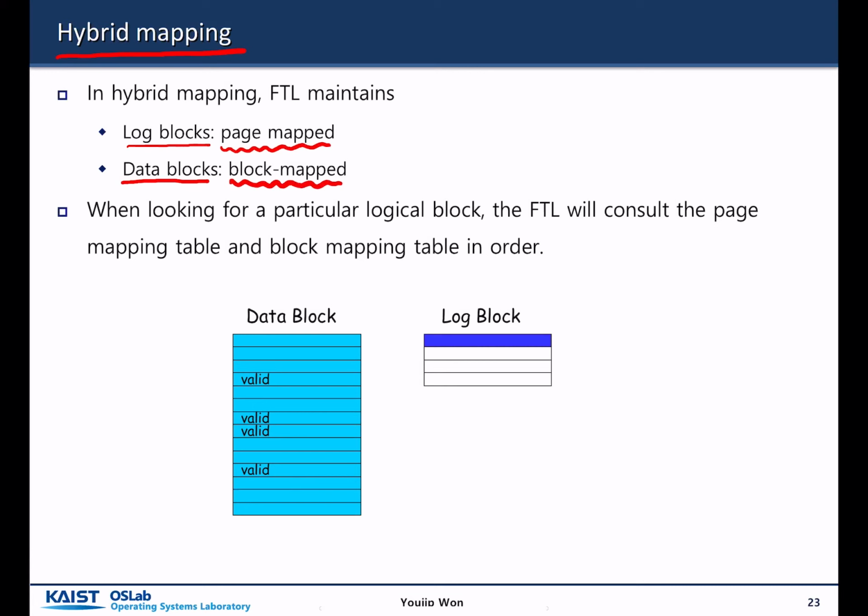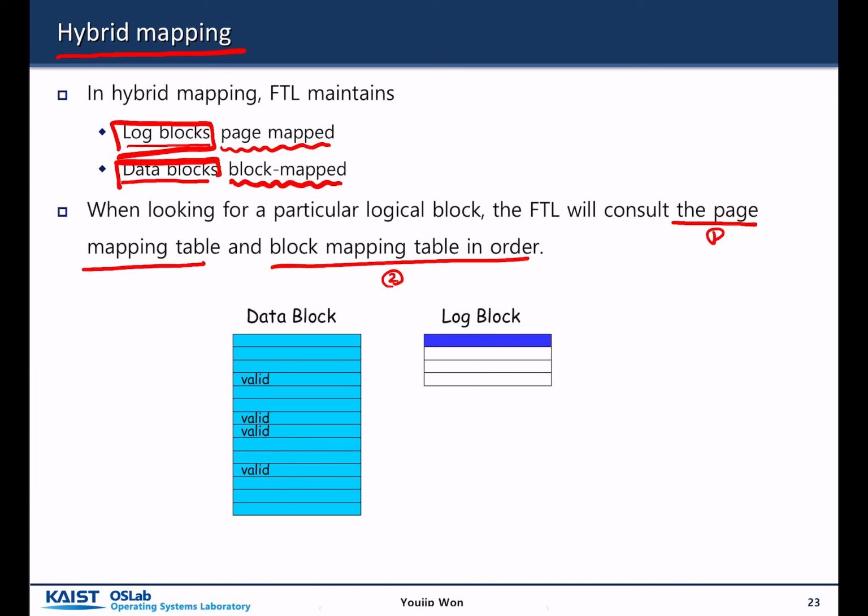So in hybrid mapping, the FTL maintains log blocks and data blocks. When the FTL looks for a particular logical block, it will consult the page mapping table first, and the block mapping table second. That's because some pages might reside in both a data block and a log block.